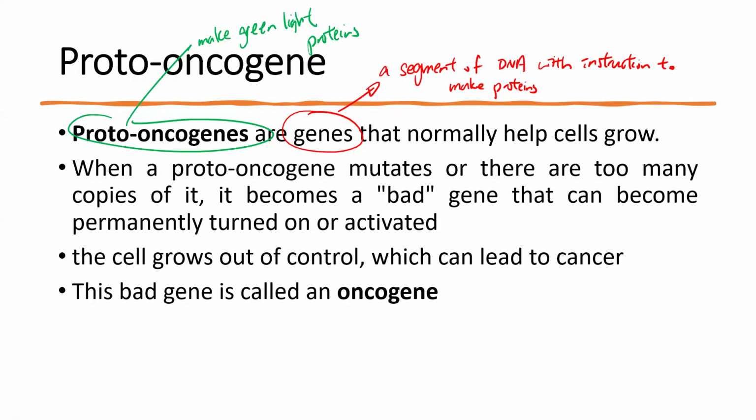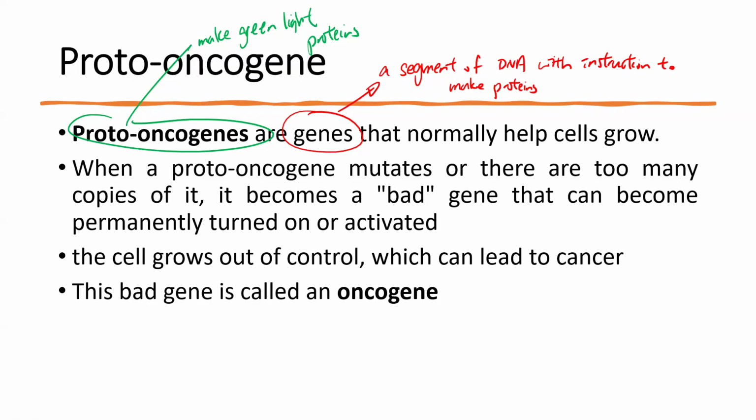However, a proto-oncogene, by the way, we all have them, right? We all have these proto-oncogenes, and we all make them. What is going to be problematic is when these proto-oncogenes mutate, when they change, or sometimes you might end up having too many copies of it, then it turns into a bad gene.